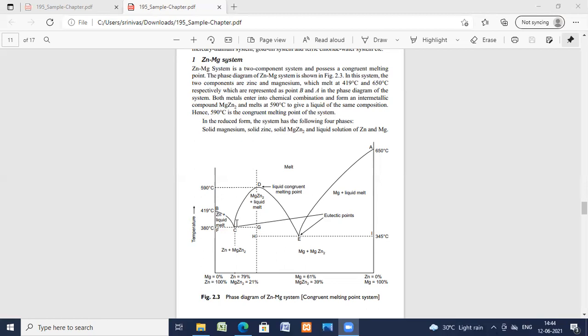Along with these, 2 eutectic points C, E, and one congruent melting point, that is D.